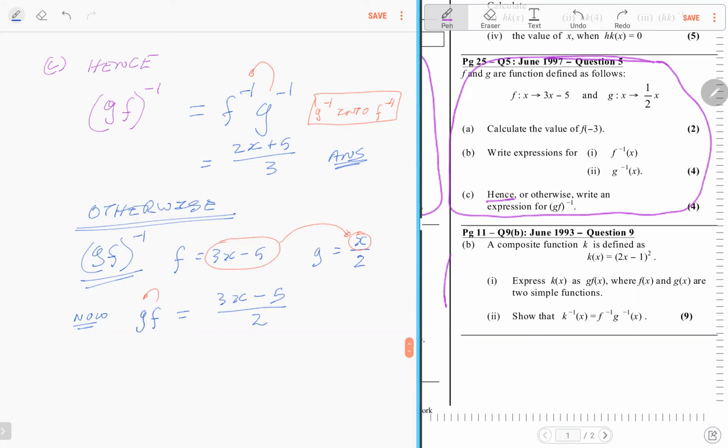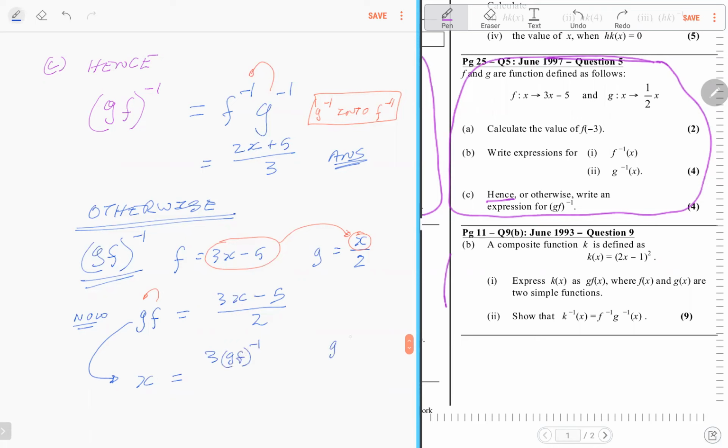And then we want to inverse it. To get this, we have to inverse this. When we inverse that, the x here becomes (gf)^-1.